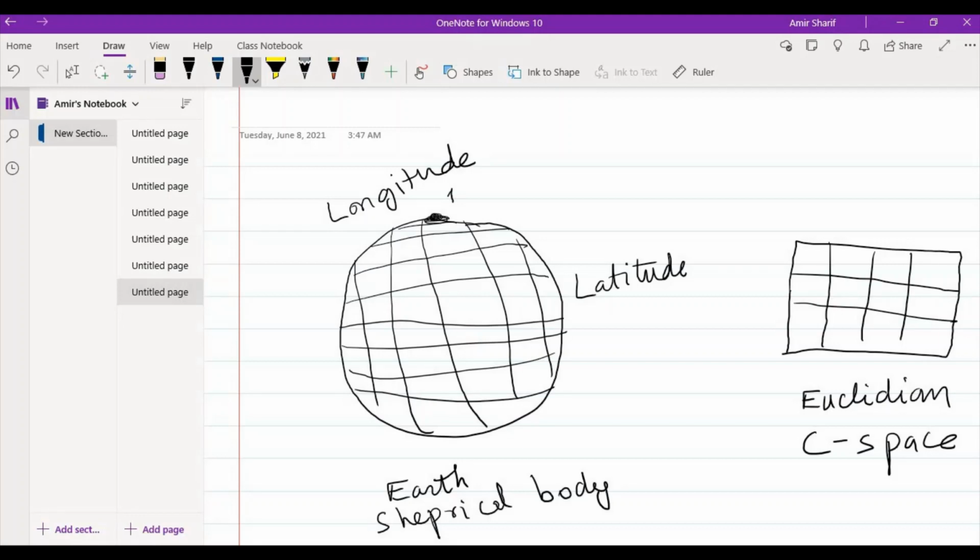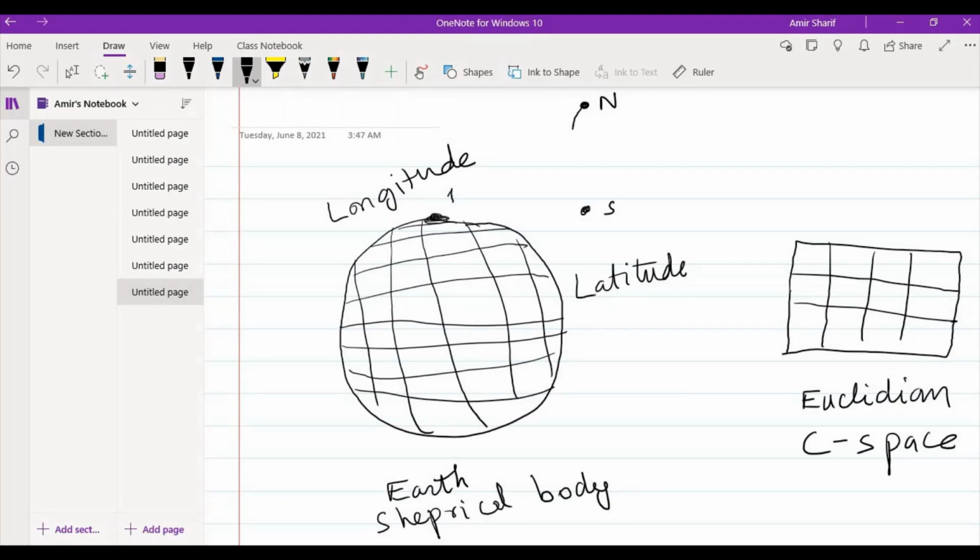But with the spherical configuration spaces, in the middle the longitude changes at one rate, but as you move toward the pole, the longitude changes quickly because the lines are becoming closer. This is, let's say, the North Pole, and this is the South Pole we have here.